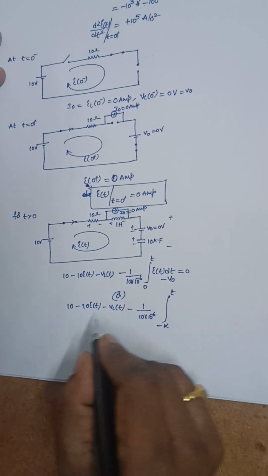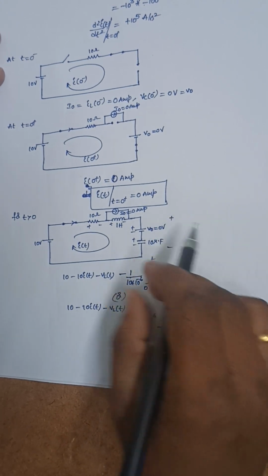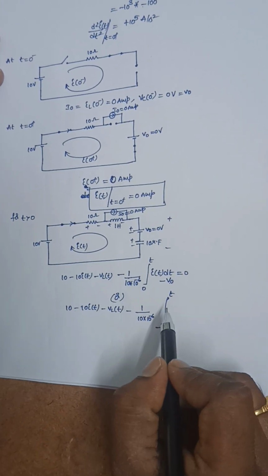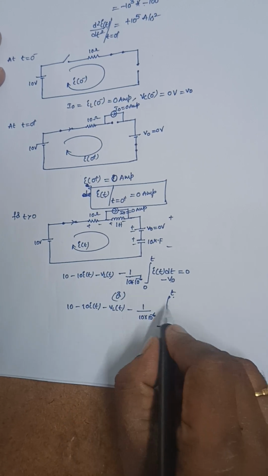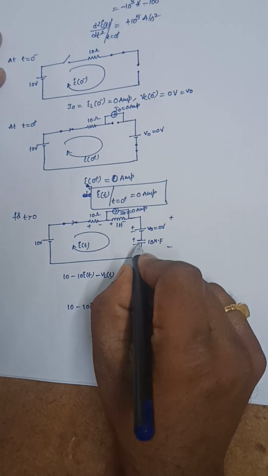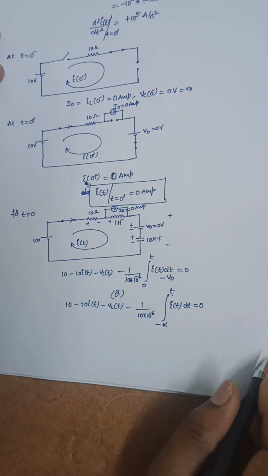So this is the initial voltage. The current flowing through this capacitance is I of t, so integral minus infinity to t of I of t dt is equal to 0.